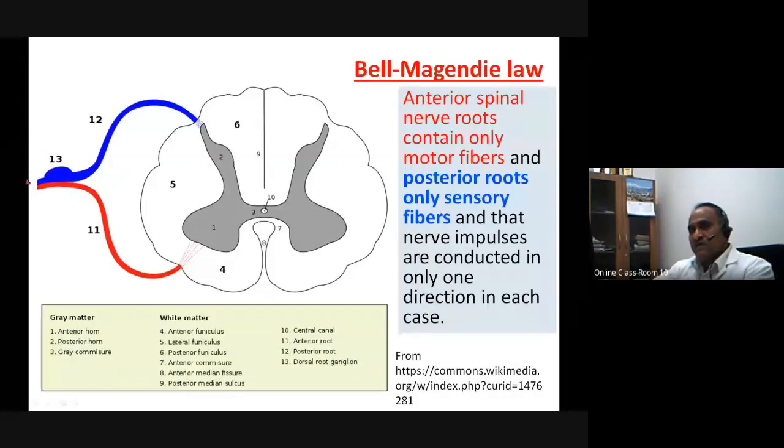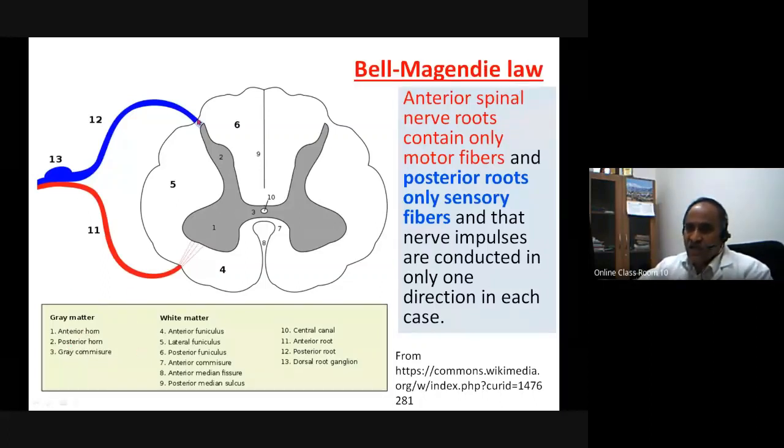That means the impulse is coming from the periphery to the center here, and from the center to the periphery. This is the direction. But this is being decided by whatever synapse, that is the second part, because many of the books try to extrapolate this component and tell that in the synapse the afferent nerves and efferent nerves make a single synaptic transmission. Bell-Magendie did not mention that; their work did not contain it.